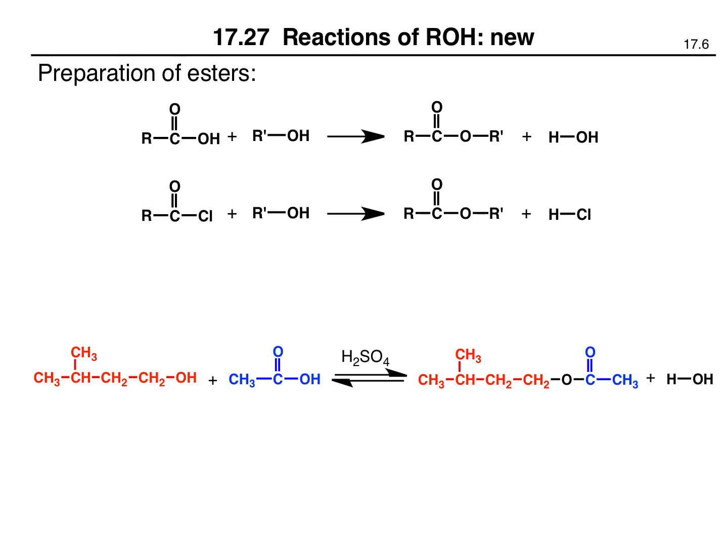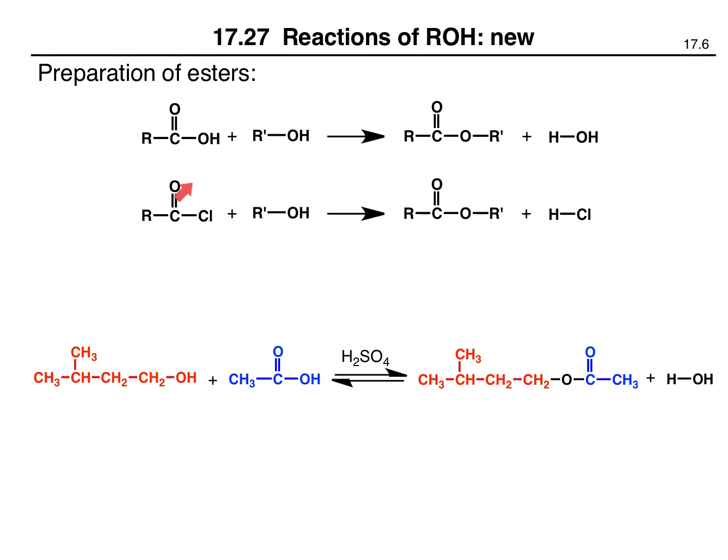One very important reaction of alcohols is the preparation of esters. So keep in mind, esters have a C double bond O connected to an O that's connected to some R group. So esters can be prepared starting with a carboxylic acid and reacting it with an alcohol to give the ester with water as a byproduct.